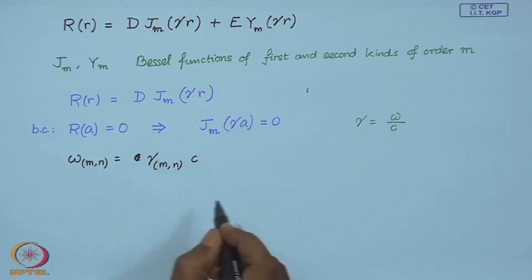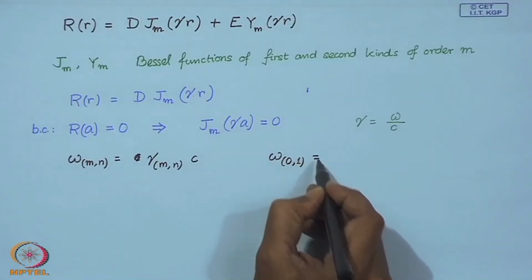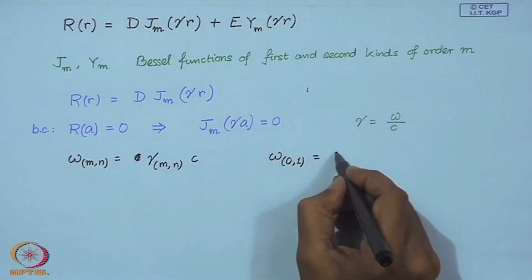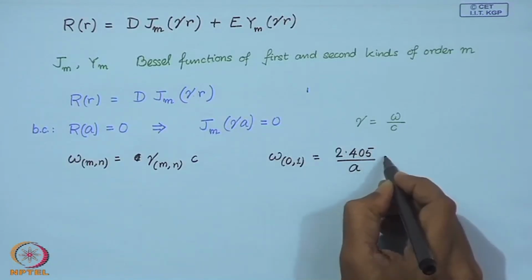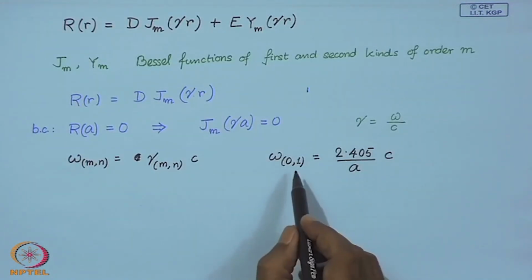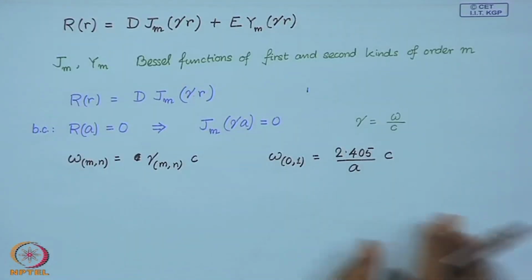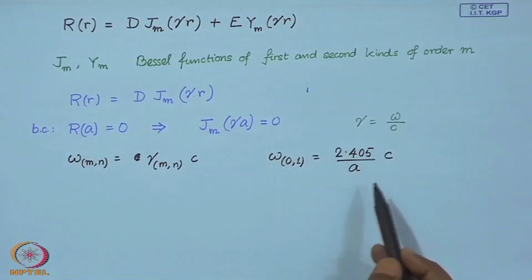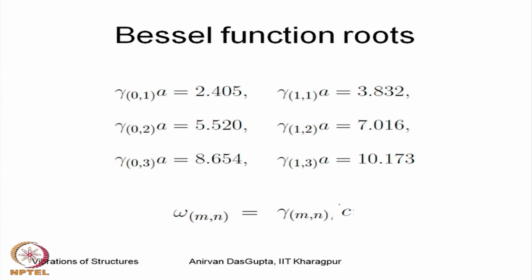Now, omega 0 1, as we have seen, is 2.405 over a times c. That is the circular eigen frequency corresponding to the mode 0 1, and in this way you can determine the higher modes. Here I have listed out some of the higher modes as well.